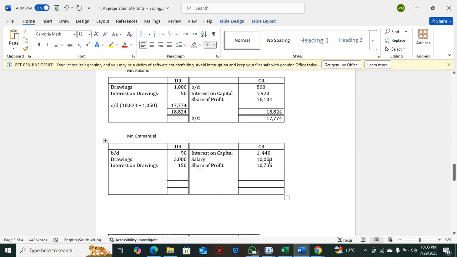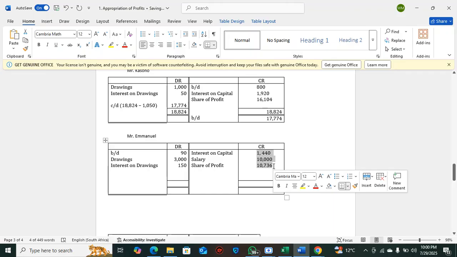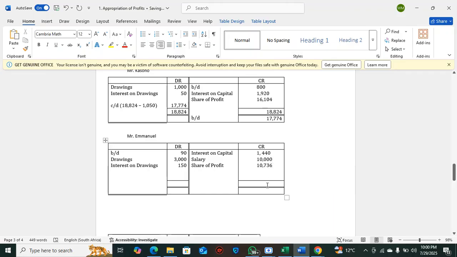Okay, so we add up. Credit side: 1,440 plus 10,000 plus 10,736. What do we get? The carried down always comes on the lower side.